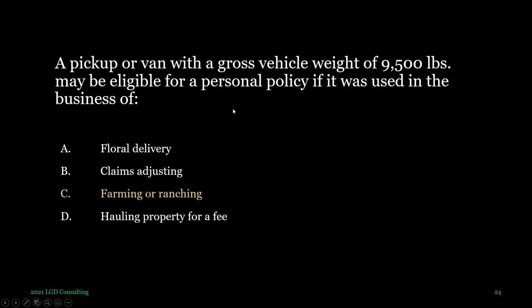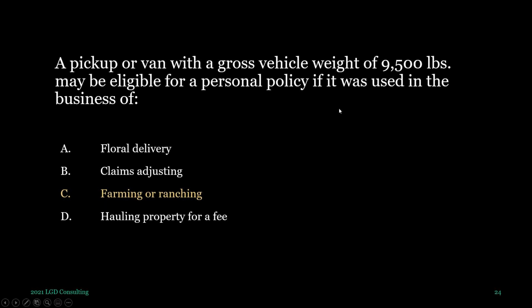By the way, personal auto policy covers pickup trucks or vans that have a gross vehicle weight of less than 10,000 pounds. Okay, so if the vehicle weighs more than 10,000 pounds, I should say, if it weighs 10,000 pounds or more, you cannot cover it under personal auto policy. You typically have to move it over to the commercial world. Okay. By the way, 10,000 pounds is equivalent to 5 tons.